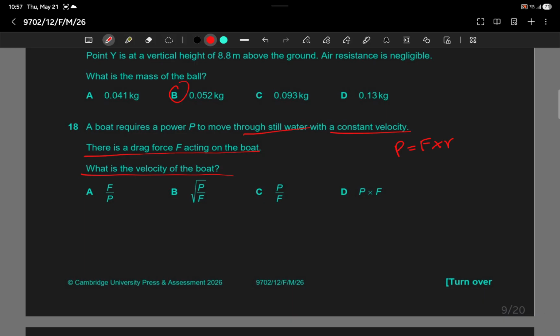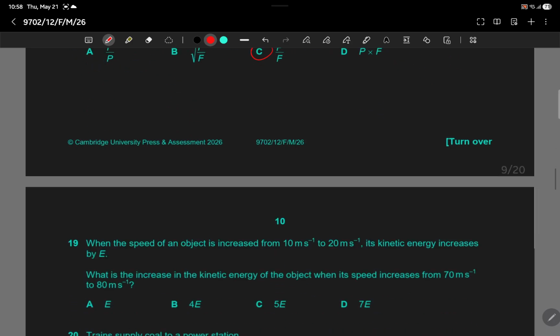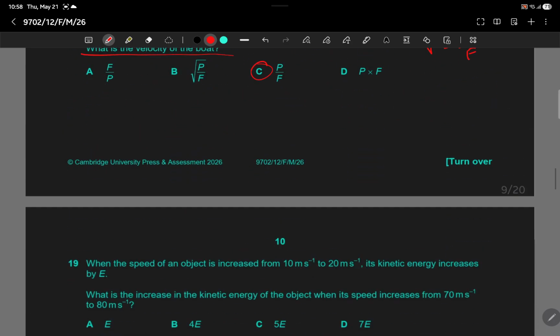It's at constant velocity, so v is constant. If we make v the subject, it is P over F. Well, this is very straightforward. This is just C. Just rearrange the formula, that's it.